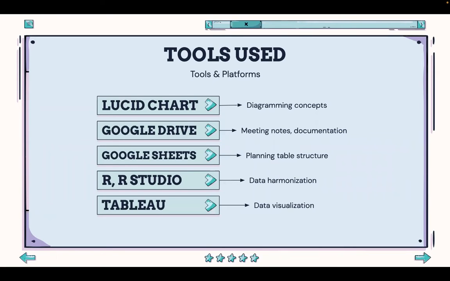So the tools we used for this were Lucidchart, which is a really good software to diagram concepts. That was mostly to show how the processes would work, how the tables would relate to each other. I kept all of my meeting notes and documentation in Google Drive and shared that with the team. We used a Google Sheet to plan the table structure together.